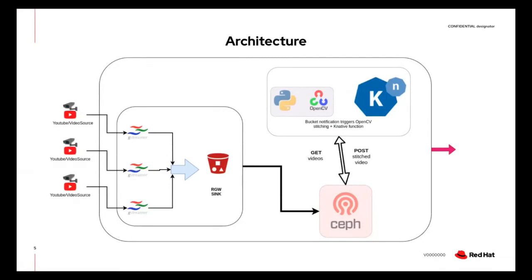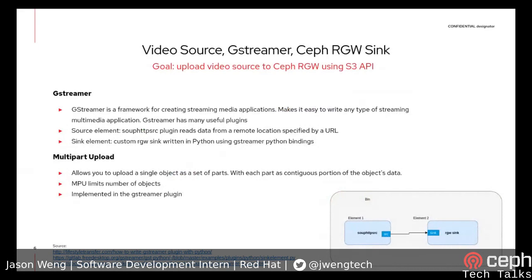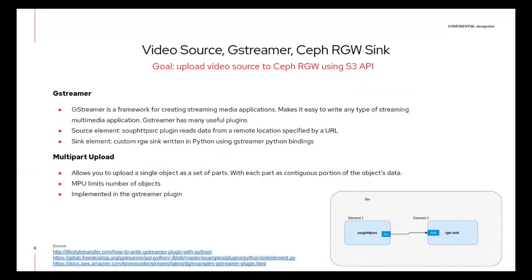Next slide. So just a little bit more about our GStreamer plugin and what GStreamer is. The goal for our plugin was to upload videos to Ceph with a GStreamer pipeline. GStreamer is a framework for creating streaming media applications, and it makes it very easy to write any type of streaming multimedia application. Although GStreamer had many useful plugins, there's no sink element for Ceph.